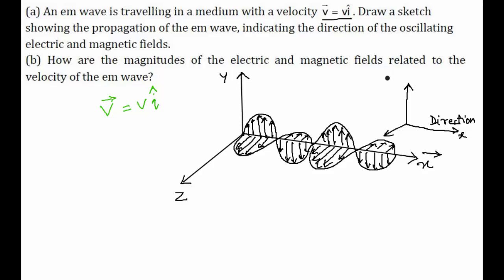This is y, which denotes the electric field direction, and this is z, which denotes the magnetic field direction. So this is basically the sketch for the first part.